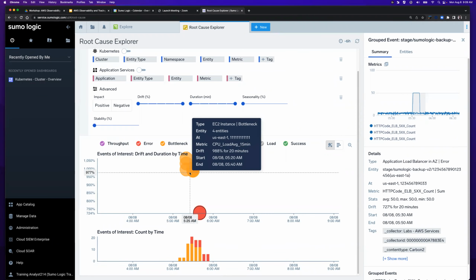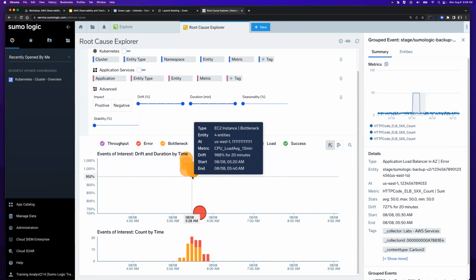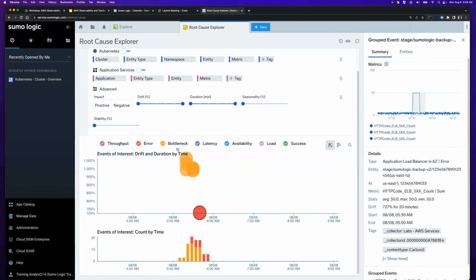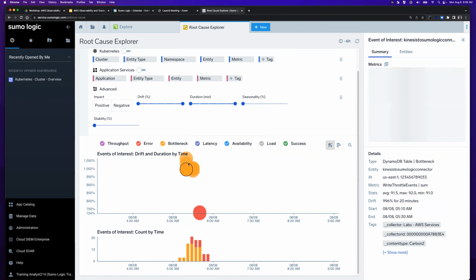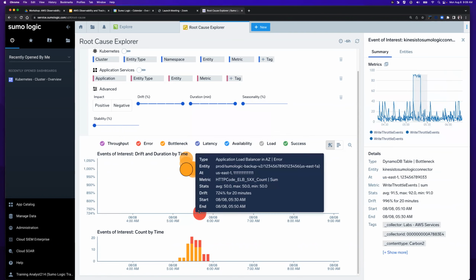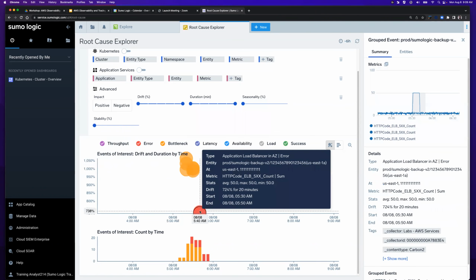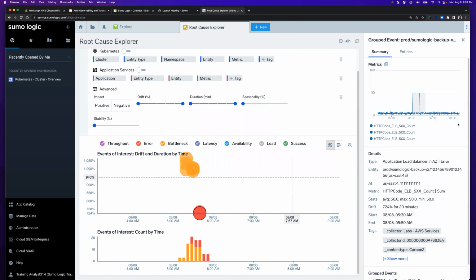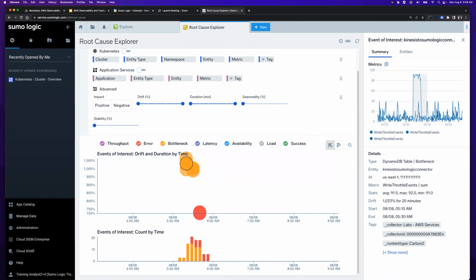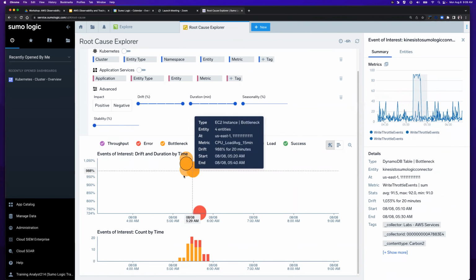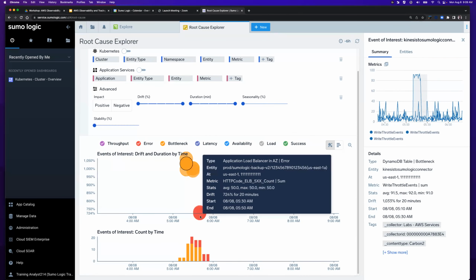Now, what we see to the very left of it are some bottlenecks. And what we're being told here, and we can start to click on these, is that these bottlenecks are occurring right before these errors. What we can then be led to believe is these were the cause of that.